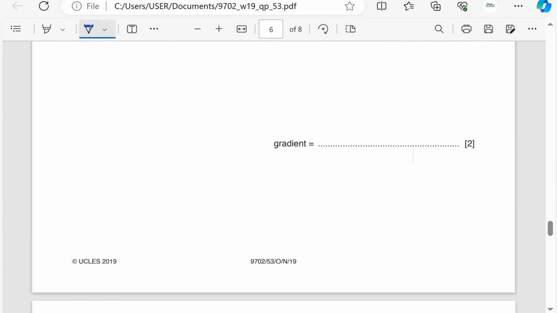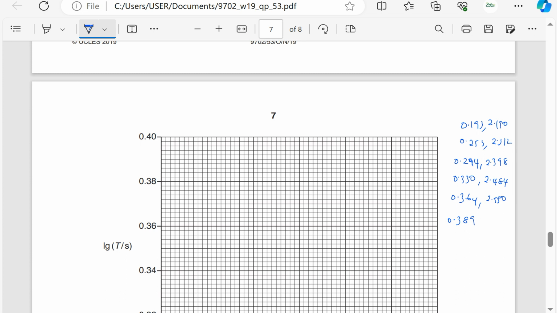Yes, 0.389, and this is against 2.613. Okay, so I'm going to plot this.